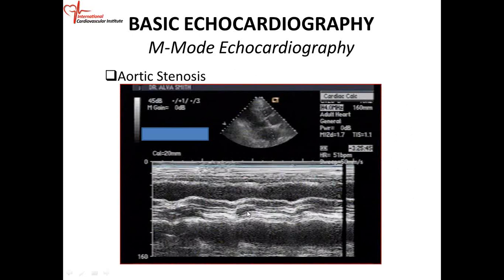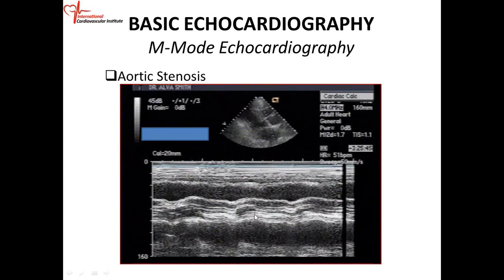So the cusp separation is less. You can see that. So this is in systole when the aortic valve opens. In diastole, you can see this thick structure, which you didn't expect. And then the left atrium, you can measure it to see if it's enlarged.